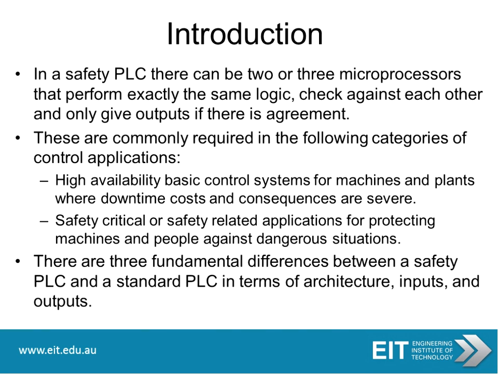Now, in a safety PLC, there can be 2 or 3 microprocessors that perform exactly the same logic, check against each other, and only give outputs if there's agreement between them.